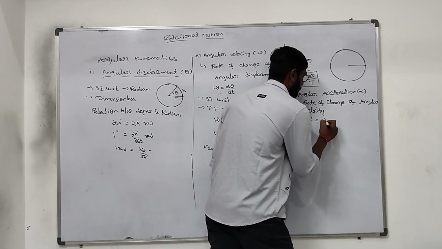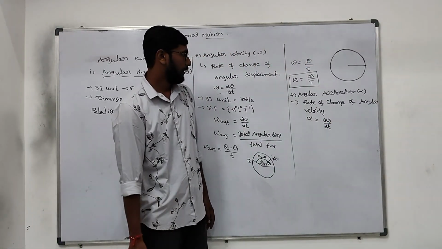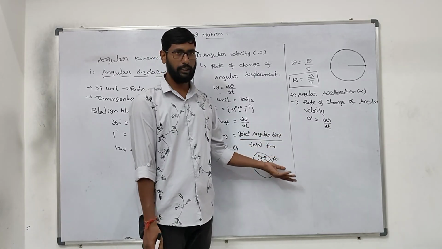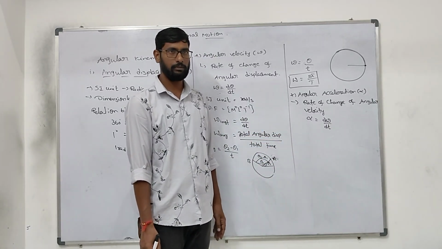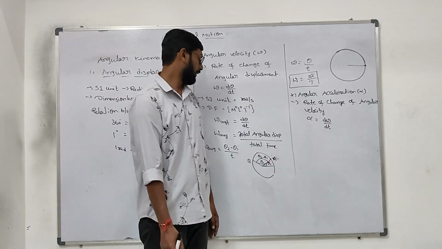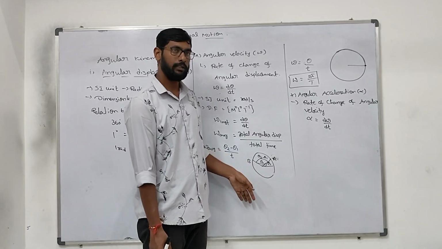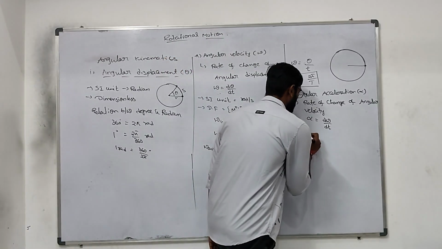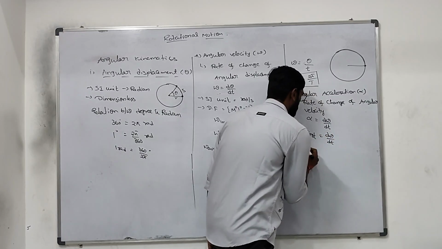So alpha we can write as d omega by dt. Right? Like linear acceleration, in angular acceleration also we have three different types. What are the three types? Instantaneous angular acceleration, average angular acceleration, uniform angular acceleration. So this is instantaneous, d omega by dt.